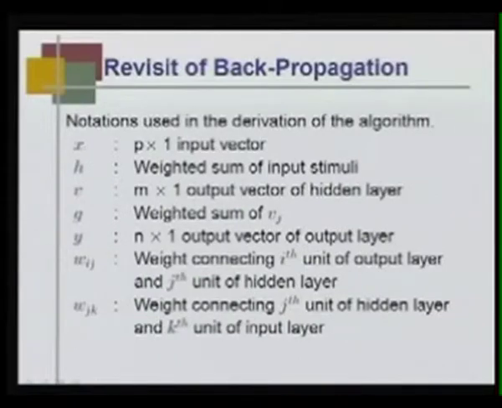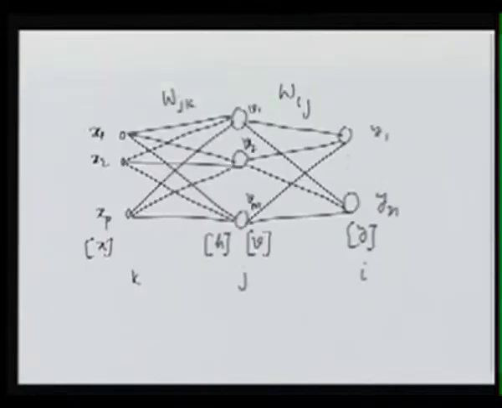X is the input, V is the hidden node output, Y is the actual output, W_ij is the weight connection between the ith unit of the output layer and the jth unit of the hidden layer. W_jk is the weight connecting the jth unit of the hidden layer and the kth unit of the input layer. So, you can easily see that my x is the input, which is a p dimensional vector, and the weights multiply the input signals, and they are all summed here, that sum is h.